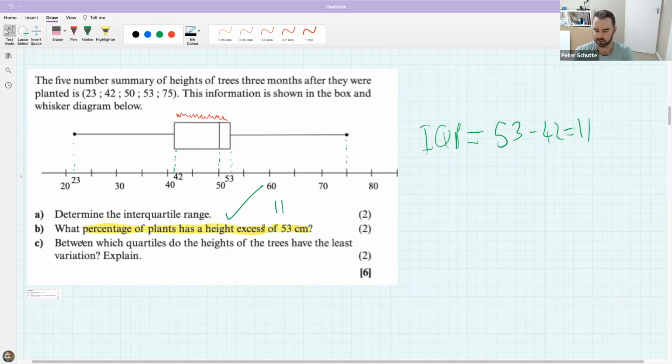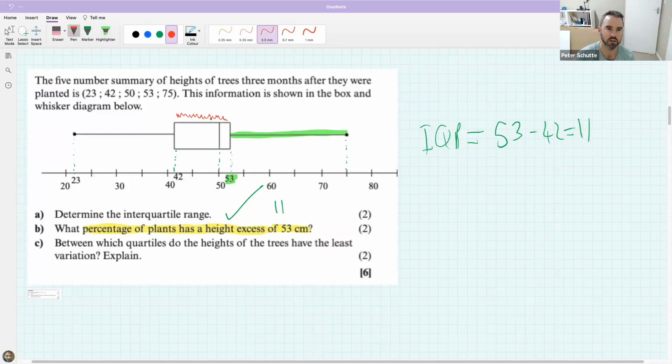Think about what the box and whisker actually tells you. Well, I can see the number 53, so it feels like all of these ones that sit in here will be in excess. Now, how big a piece of the data is this long whisker here?